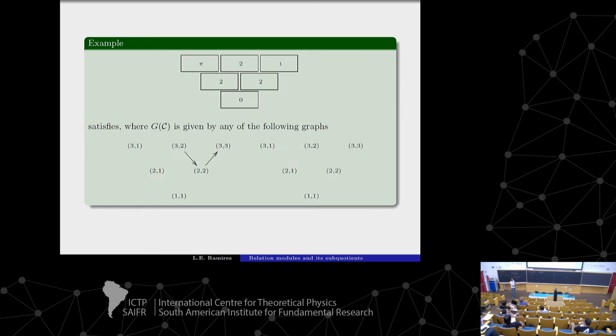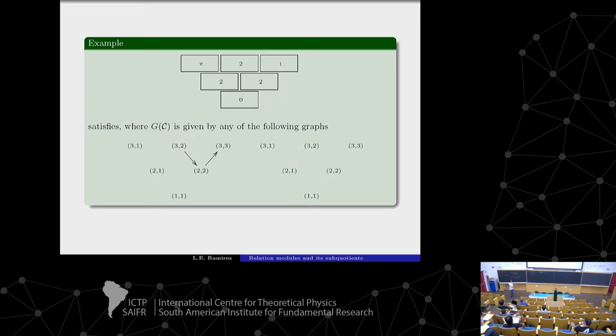Because in Gelfand-Tsetlin formulas, I just want to remind you, denominators are exactly differences between elements of the same row. So you may have that this Tableau satisfies certain sets of relations, but this is not enough. We need something else in order to have hope of constructing models.